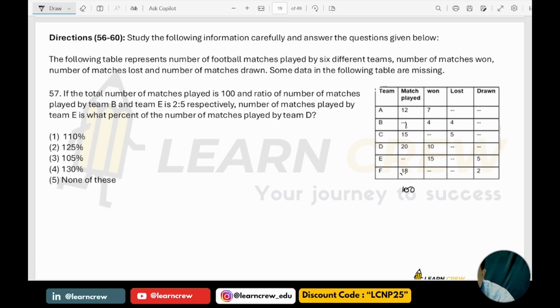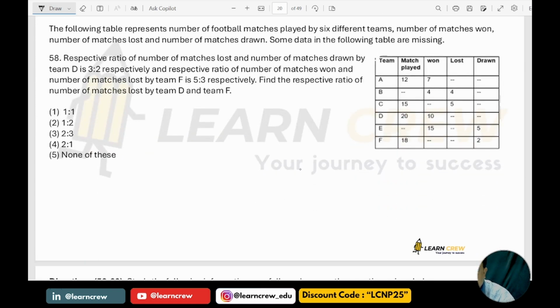So 2 parts is 10. 5 parts is 25. The number of matches played by E is what percent of the number of matches played by D? So 25 is what percent of 20? So answer is how much? 125%. Option 2.